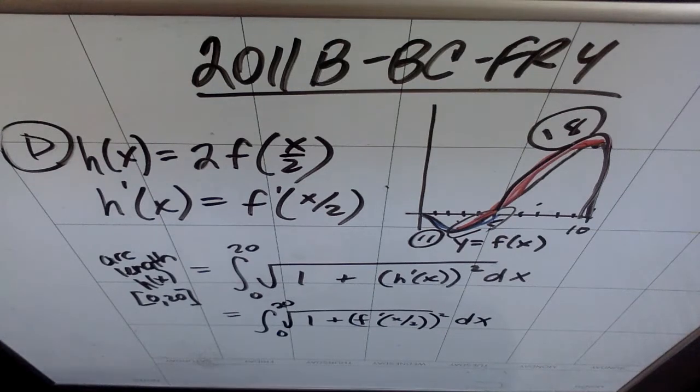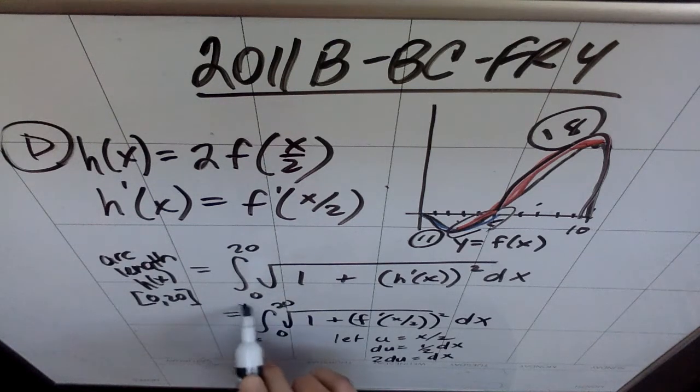Okay, well, the trick is that what's really happening here is I can change this. So I'm going to say let u equal x over 2. Then du would be 1/2 dx, or I'd end up with a 2 du as my dx. But these were x bounds.